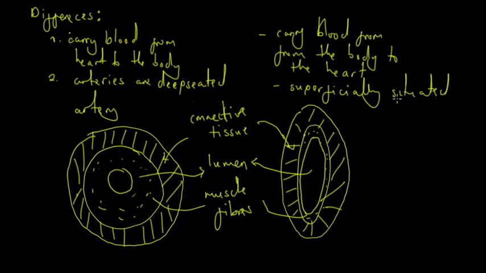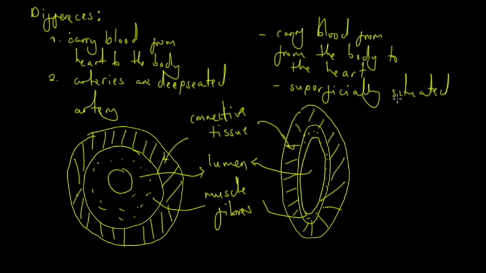So almost always you can see your veins. If you look at your hand, if you want to look at your palm, if you open your hand like that, there are two veins running. You can see that they're exposed. They're superficially situated. But arteries, you actually almost never see them.